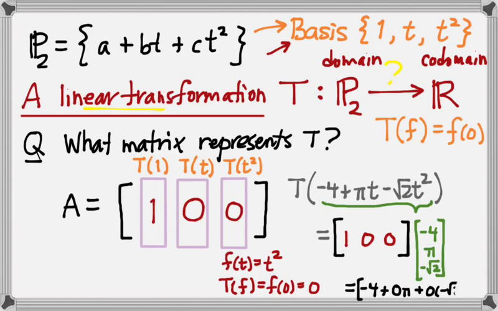And so I end up getting negative 4. Which, by the way, in our coordinates on the real line, this would just be the number negative 4. That's exactly what we would have gotten by evaluating this function at 0.